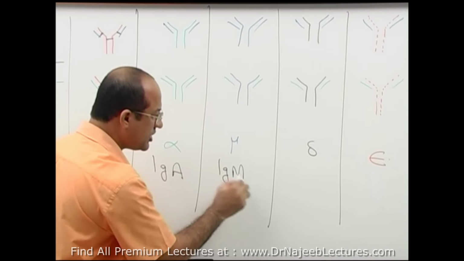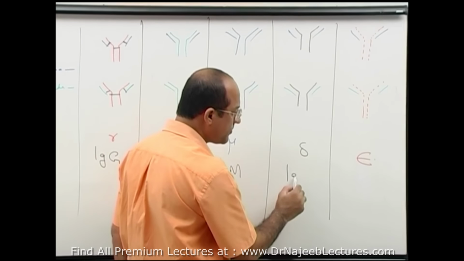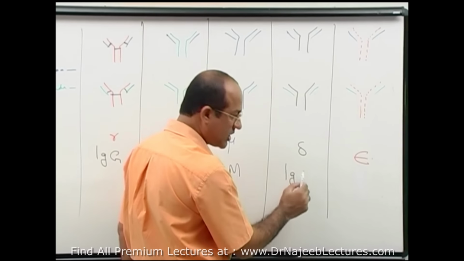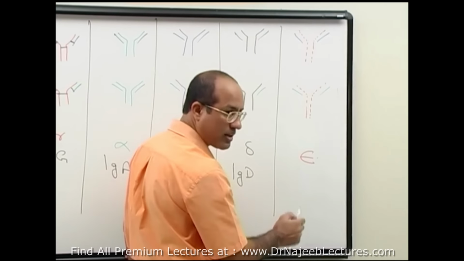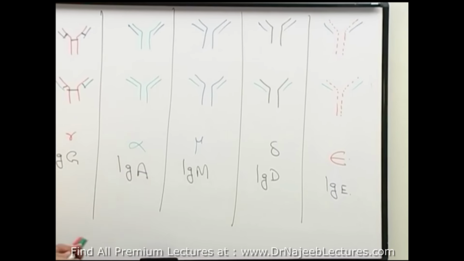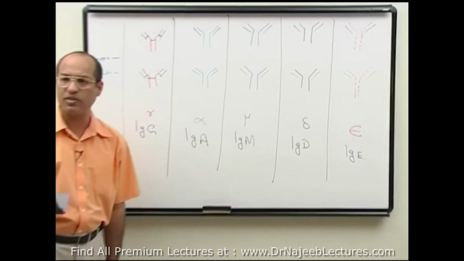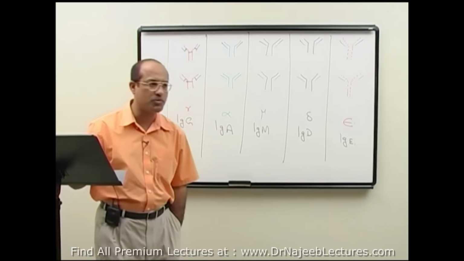So they are called IgM. And those immunoglobulin molecules which have delta heavy chain, they are called IgD. And those immunoglobulins which are having epsilon heavy chain, they are called IgE.